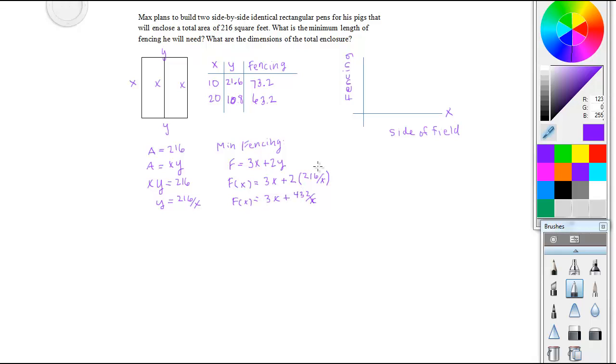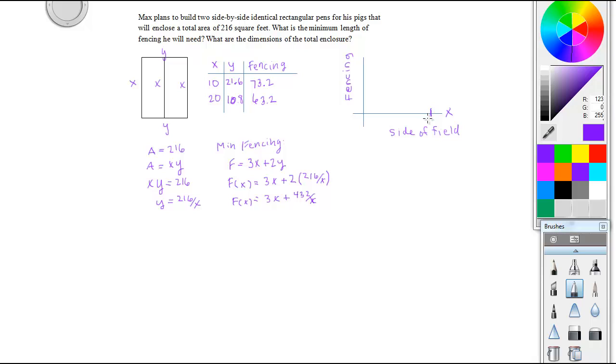So let's go ahead and first decide some values on these axes. So 10 and 20 seem like they are reasonable guesses for this side length x. They give us dimensions that would be good to work with, 20 units for x and 10 units for y, or 10 units for x and 20 units for y. So basically it's a good idea to kind of double your guesses here.